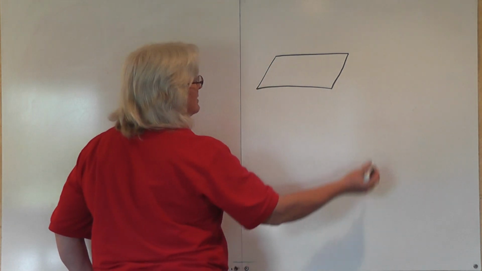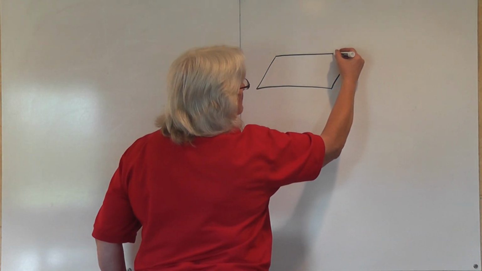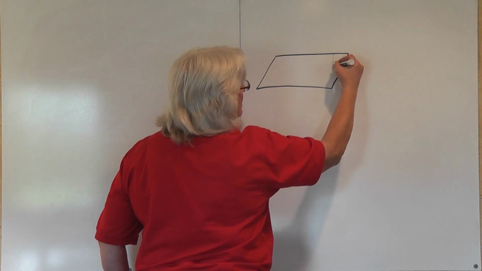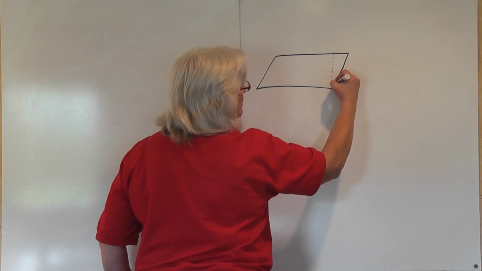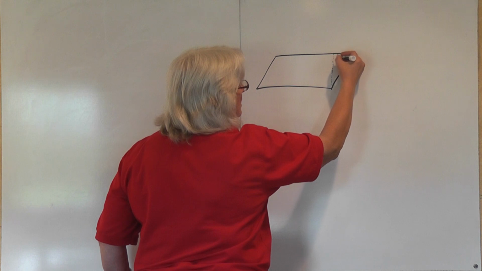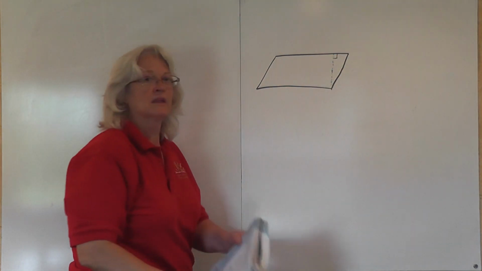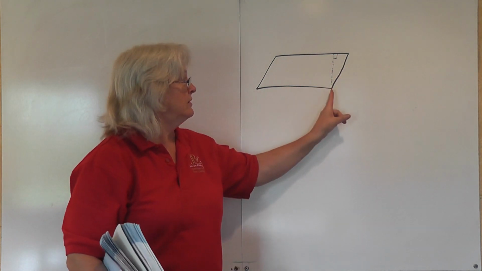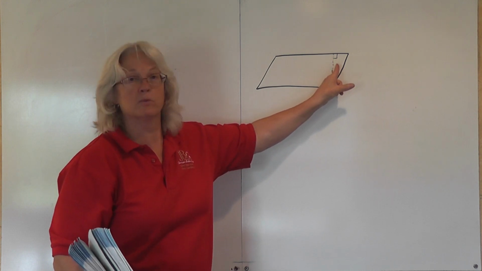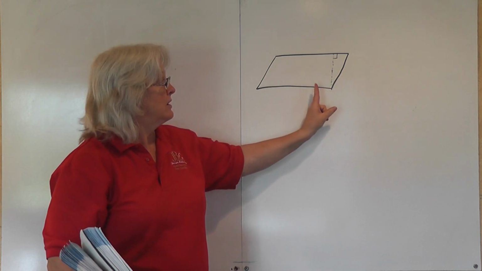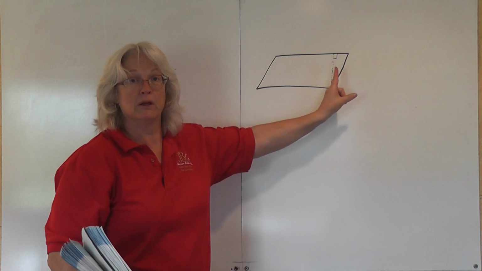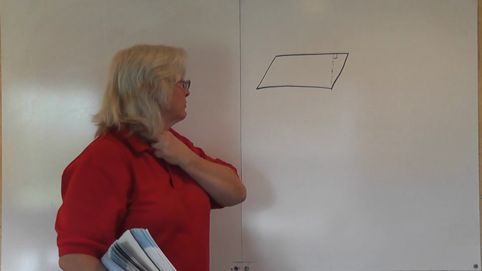I want to put a dotted line in here, going from here to this opposite end. This means that this is perpendicular. This is called dropping a perpendicular. Don't worry about that for right now.